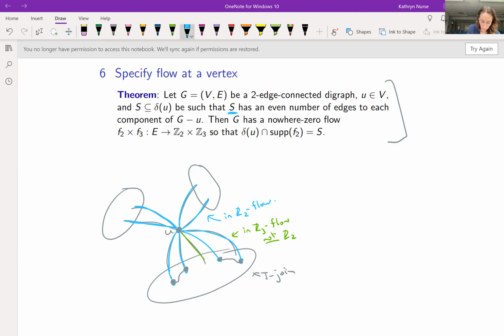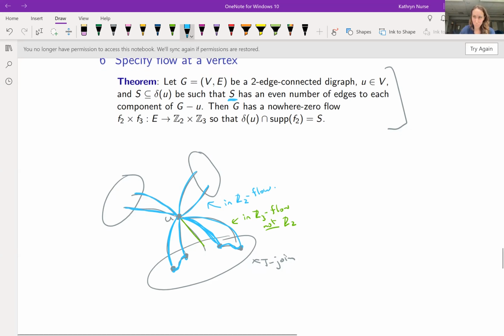Once you find this, you take your T-join combined with these edges, and that's an even subgraph. I'm not going to go through the whole argument, but you contract all of it together, and that's your even subgraph. That even subgraph you have in the support of the Z2 flow, and then the rest of it is in the support of the Z3 flow.